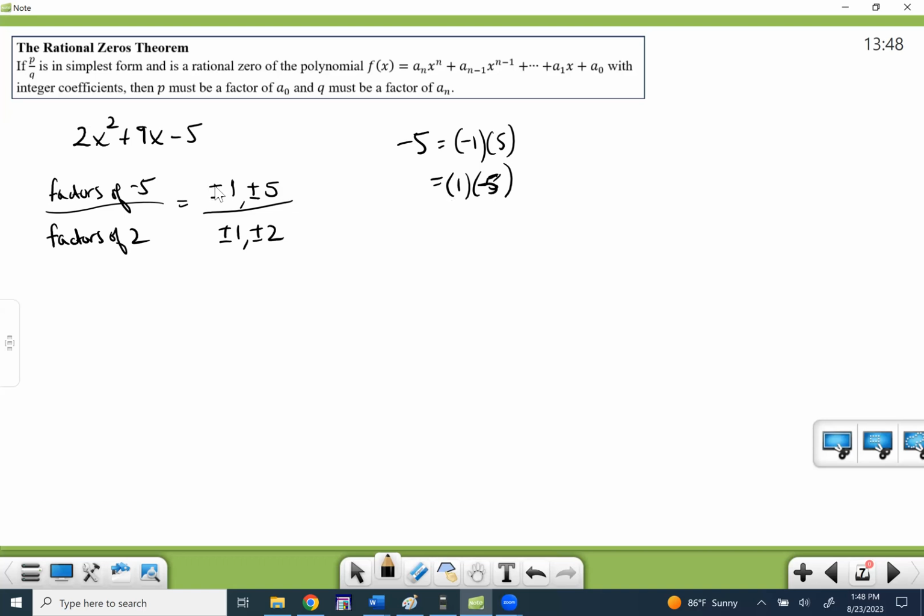So that's why we're putting a plus or minus on these factors. Same thing's true of 2. I know it's 2 times 1, but was it +2 times +1, or was it -2 times -1? Because that's also going to be 2. So that's why we're putting plus or minuses on all of these factors. We're not quite sure what the sign was.